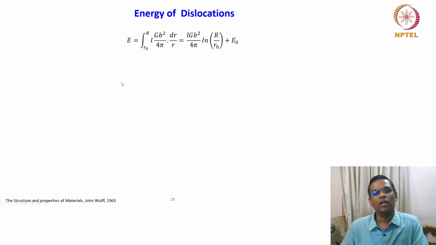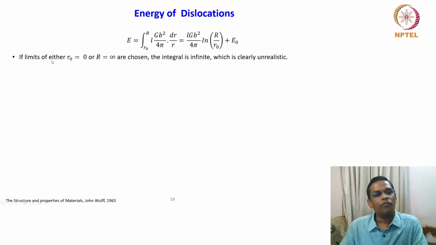For that, we integrate this expression, that is E equal to the integral from R naught to capital R of L G B square by 4 pi times dr by R, which is equal to L G B square by 4 pi ln of capital R by small r naught, plus E naught. So this is a simple integration.